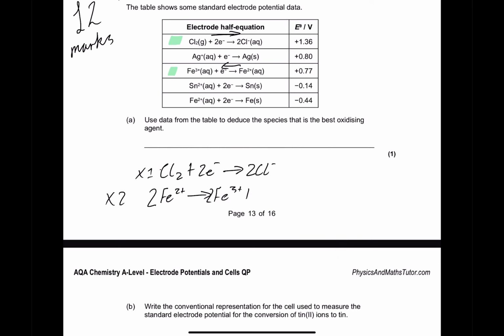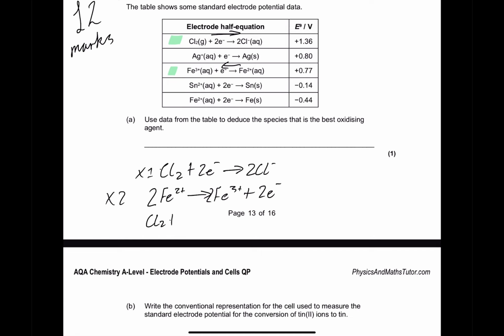Now, the more you do these types of questions, the more easily you can see this. You don't have to spend much time; you can do it all in one go. But I'm just trying to go through every little part here. Now the electrons are balanced. We have it now: Cl2 plus 2Fe2+ goes to form 2Fe3+ plus 2Cl minus.